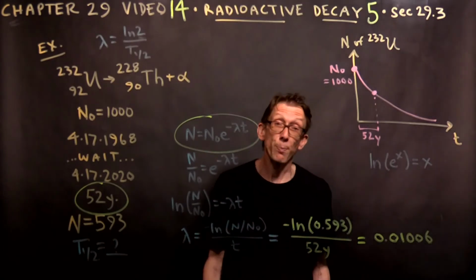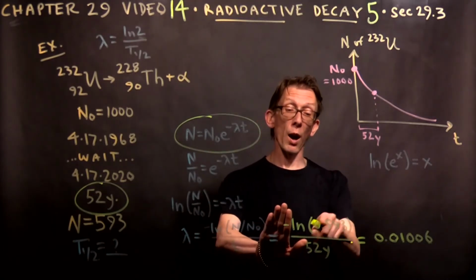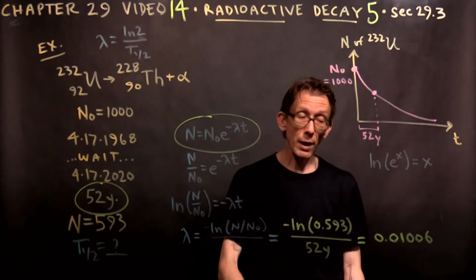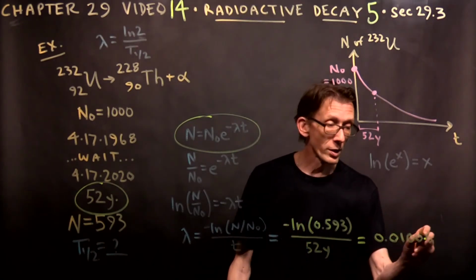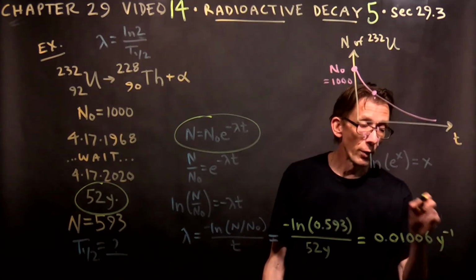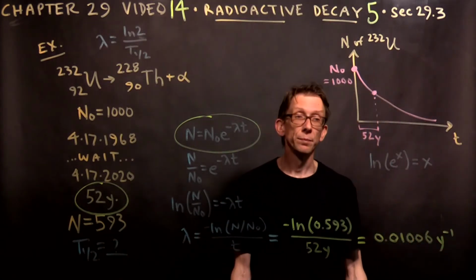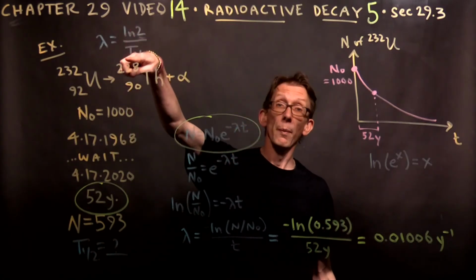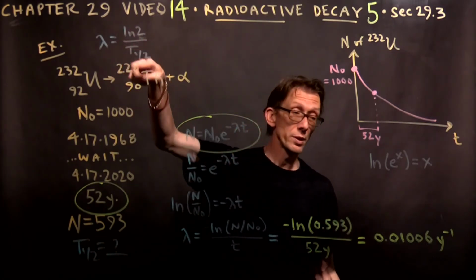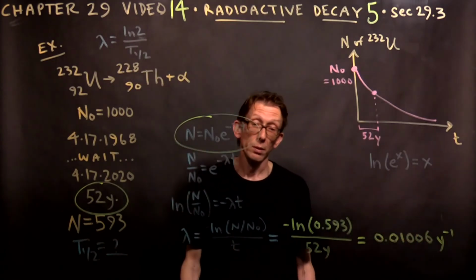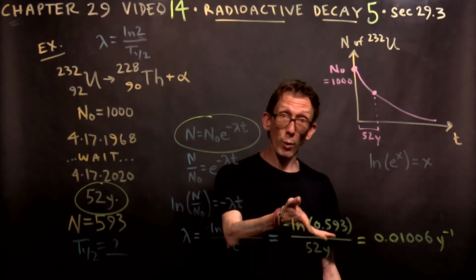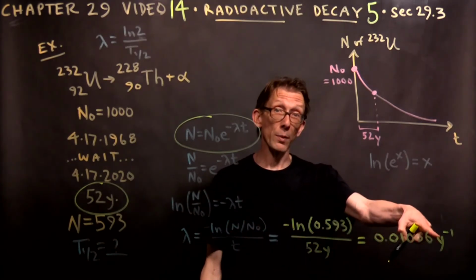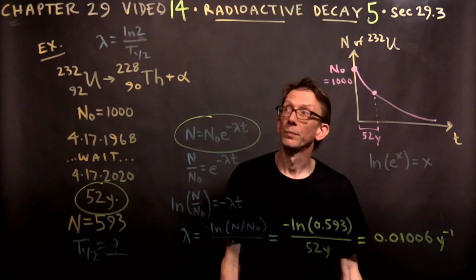It's positive because the natural log of a number less than 1 is negative, so a negative negative gives you a positive. And this is going to be inverse years. Lambda is a number over time, so it has inverse time units: a number on the top, and years on the bottom, so it's 1 over years, the same as year to the minus 1.